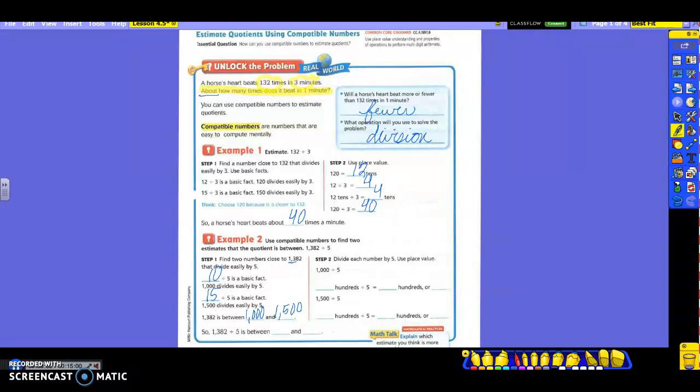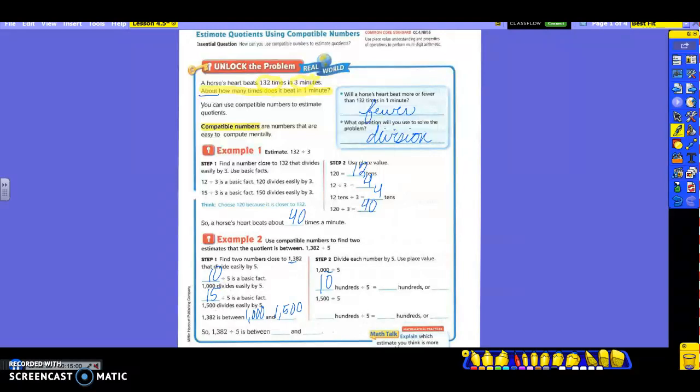Yes? Okay. Now we're going to divide each number by 5 using place value. So it's the same thing we did over here. 1,000 divided by 5 is how many hundreds? Think about how many hundreds. Hundreds have how many zeros? 2. So what do I have left after I get rid of those 2 zeros? 10. What number is sitting here still? 10.